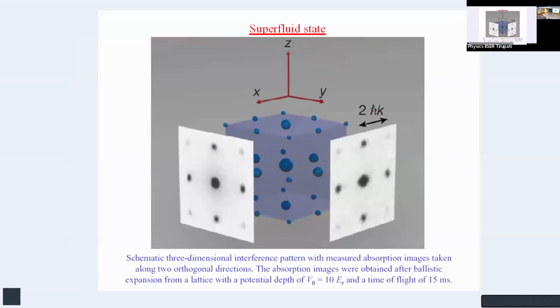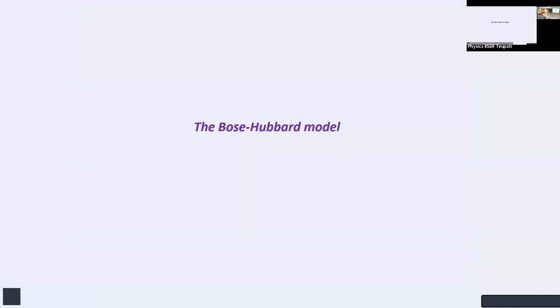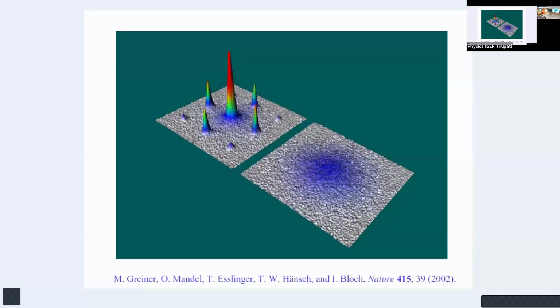This is how the bosons fly out, and this is how they hit the screen. And I've already explained what it means. And more cartoon pictures from the Nature paper where they show the boson superfluid state and the Mott state.